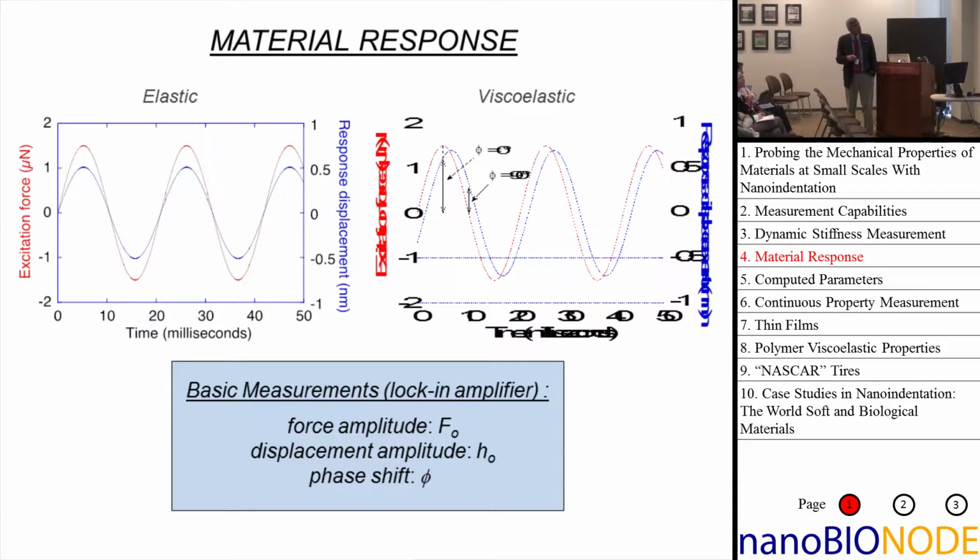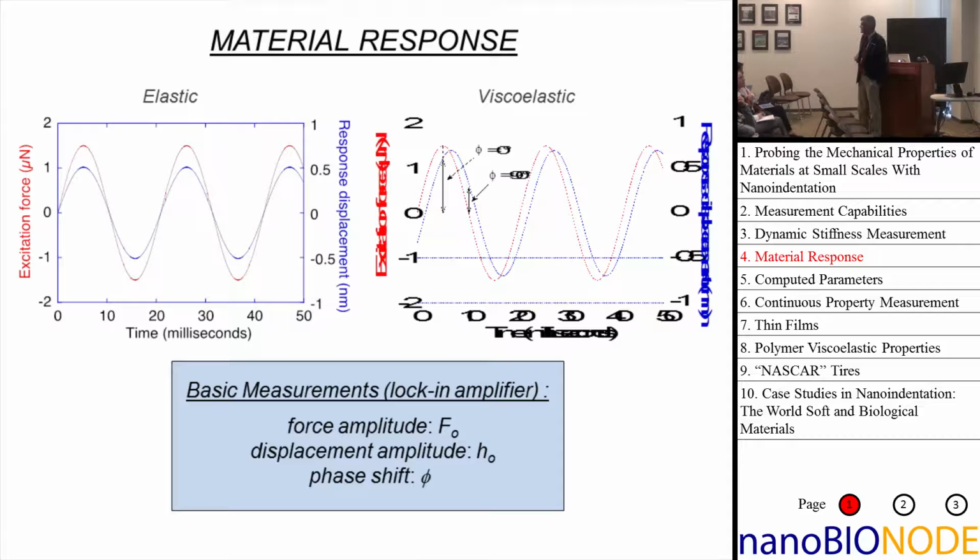If the material is elastic, the displacement oscillation is exactly in phase with the load oscillation, and you get a response that looks something like that. If the material is viscoelastic, then there's some damping, some energy absorption in the material, and the displacement signal is phase shifted relative to the load signal.